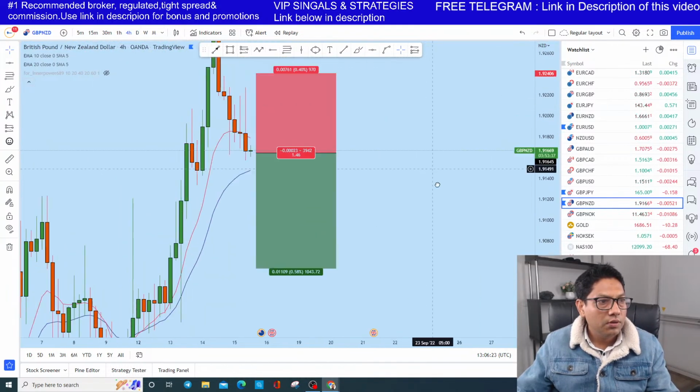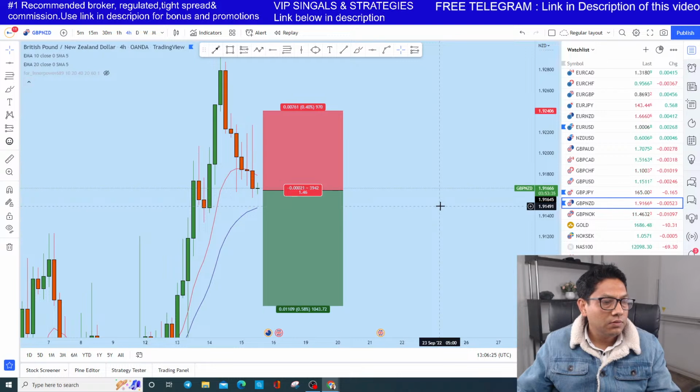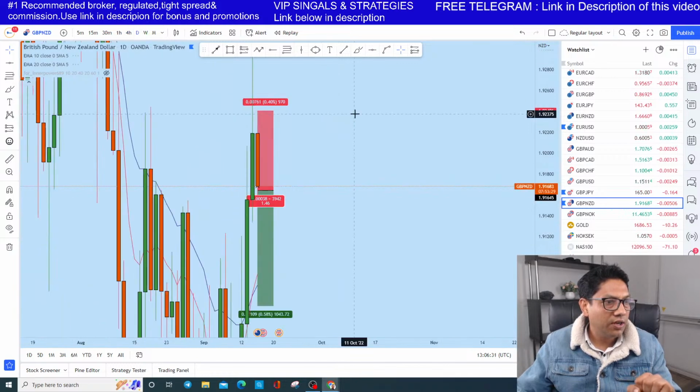So there is a 20 EMA back to bearish candle. Let me double check everything.